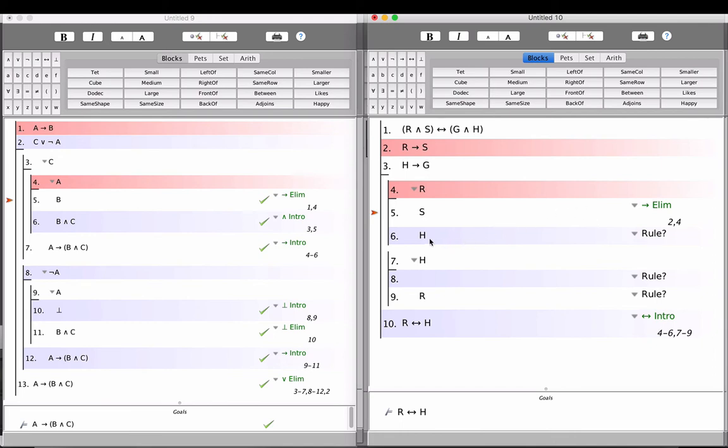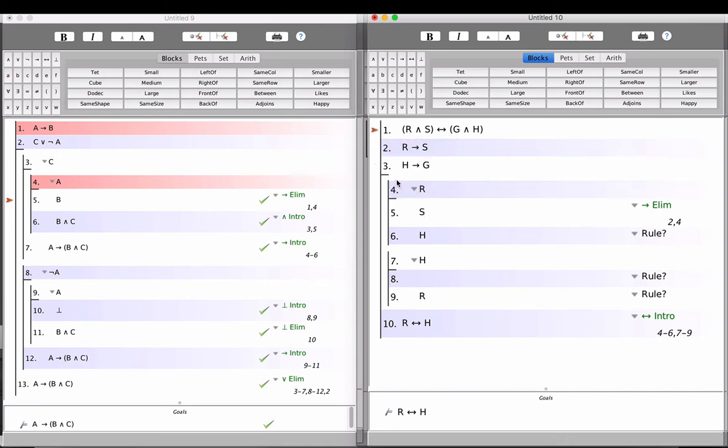We want to get H. We can't pull H from line 3. That would be an invalid inference. If we were to say we had G, we couldn't infer H from G validly. Moreover, we can't just pull H off of the left side of the conditional. That's not a legal move.